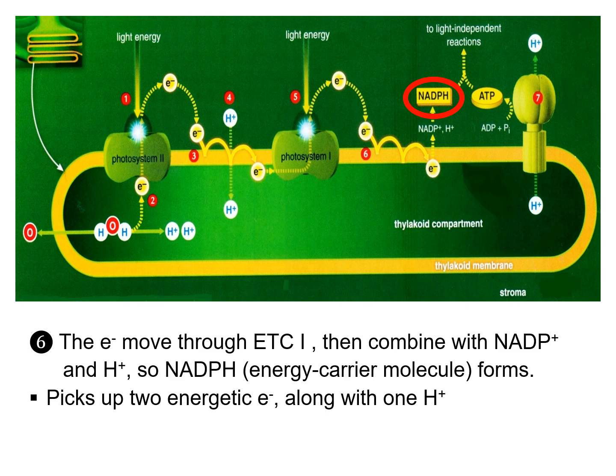I repeat again, the electron will now move through electron transport chain 1 after being ejected from photosystem 1. This electron will combine with NADP+ and a hydrogen ion, and NADPH will form. Along the line, they will pick up two energetic electrons together with one hydrogen ion.